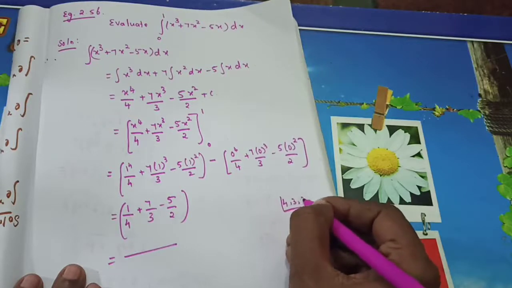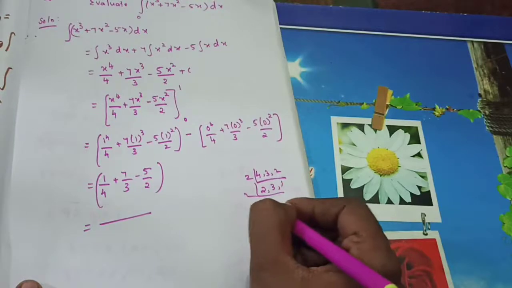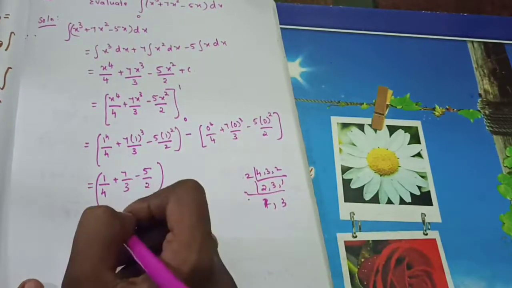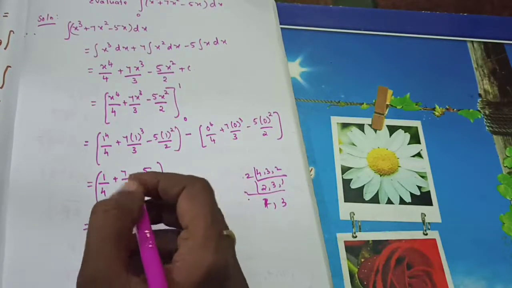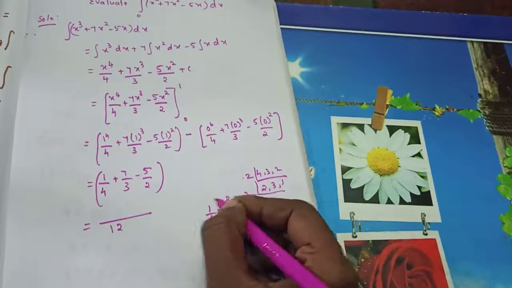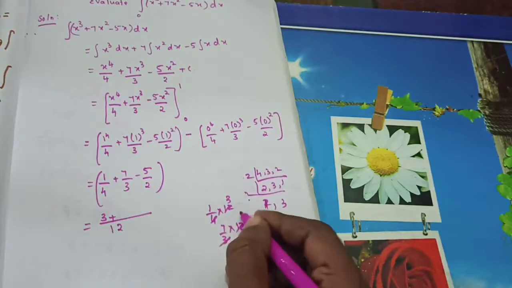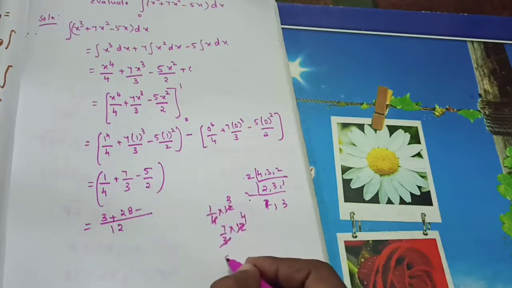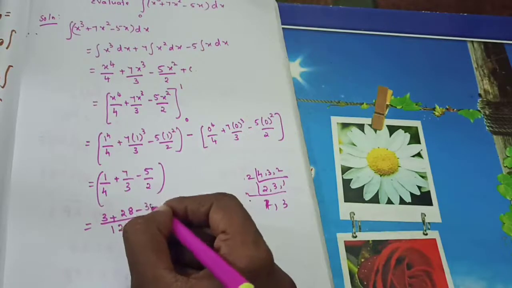Now if we simplify, what's the LCM of 4, 3, 2? 2, 3, 1. Again 2 means 1, 3. So 2 times 2 times 3, 12 is the LCM. So when we use the LCM, 1 by 4 into 12 means 3, plus 7 by 3 into 12 means 7 4s are 28, minus 5 by 2 into 12 means 6, that is minus 30.